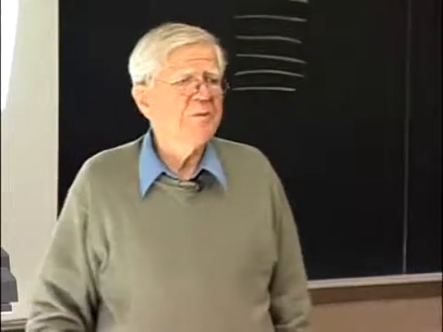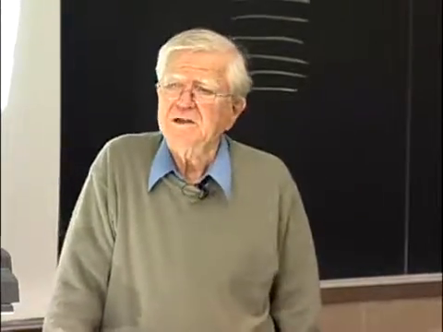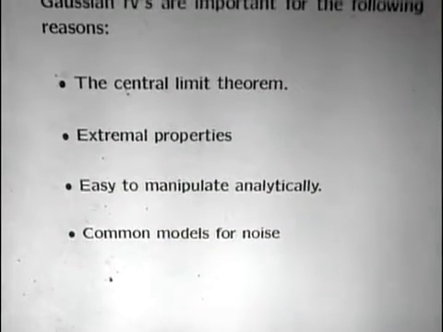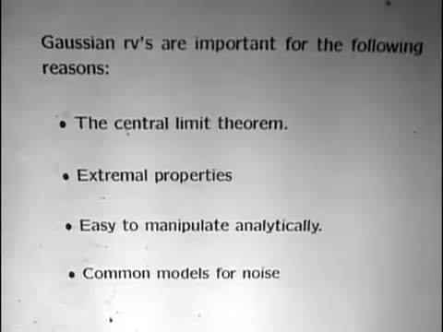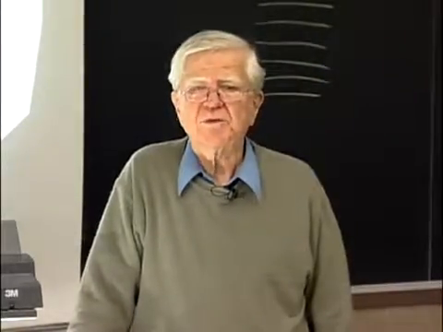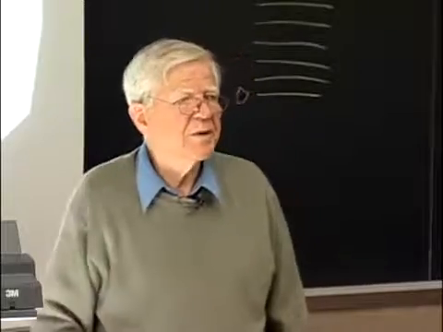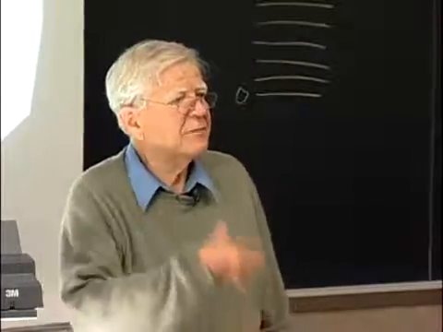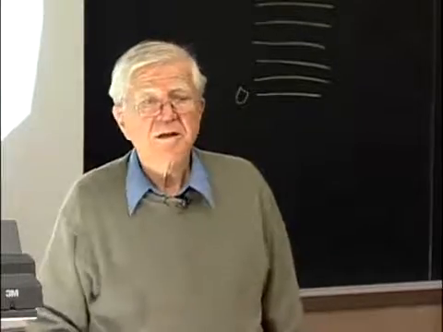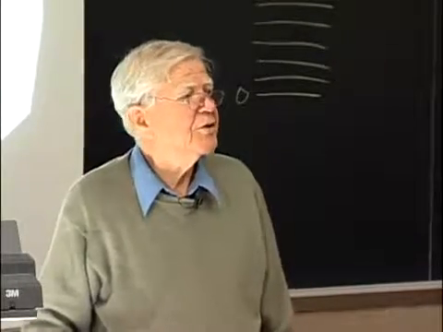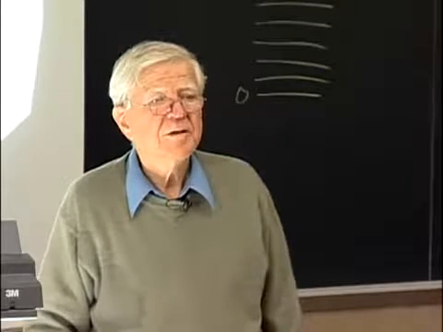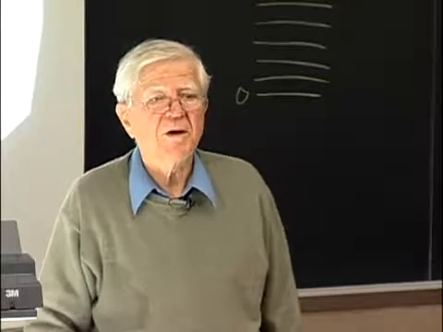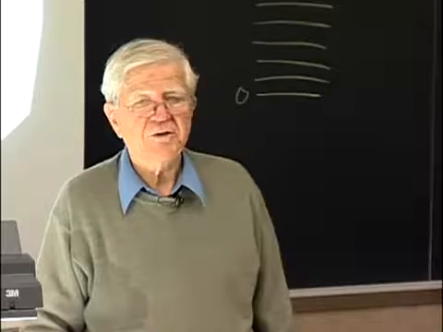It has a bunch of extremal properties. In a sense, it's the most random of all random variables. Not going to talk about that, but every once in a while one of these things will come up. When you start doing an optimization in probability theory over all possible random variables of a given mean and variance, you often find that the answer that you come up with, either when you maximize or when you minimize, is Gaussian.